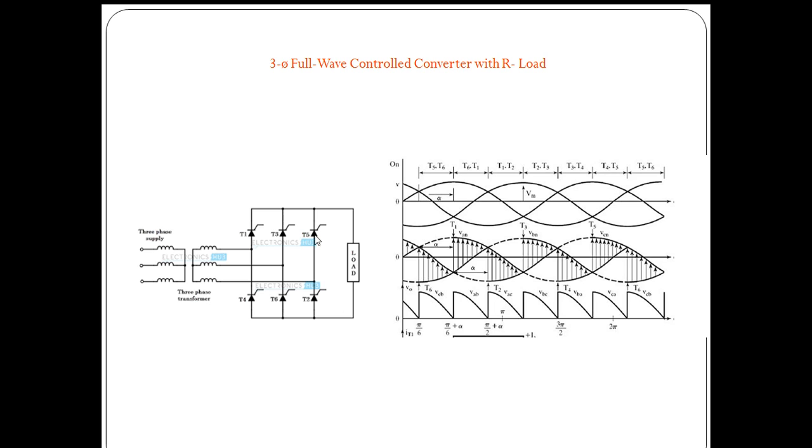In this we have observed the bridge converter with three thyristors, 1, 3, 5, in the positive group and the remaining 4, 6, 2 in the negative group. Each pair of thyristors will conduct at a given instant. So this is the circuit operation for the three-phase full wave controlled converter with R load.